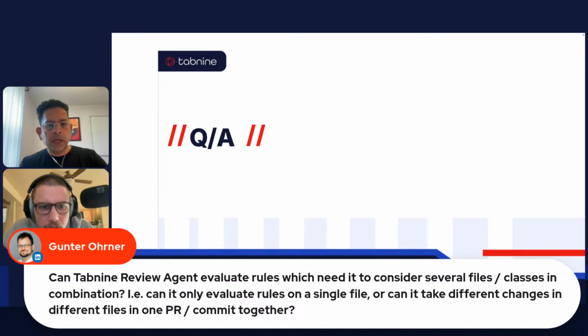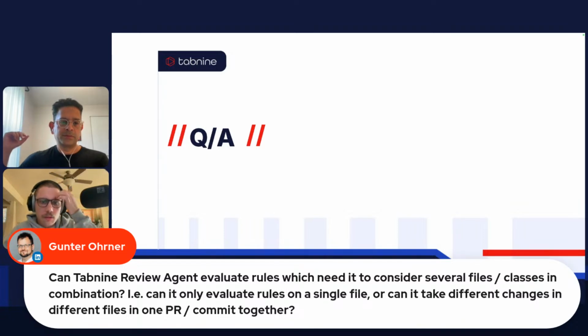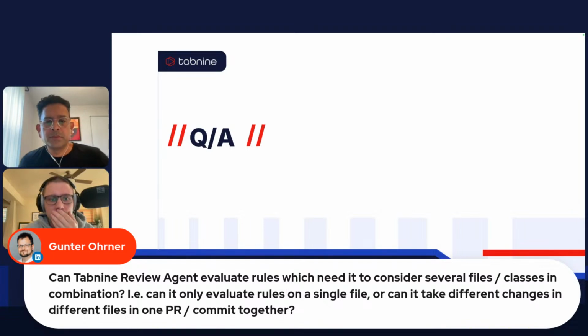Okay, so can the Tabnine review agent evaluate rules? There's a single file can take different changes from one PR and commit together. I am also not exactly sure on that one, Gunter.